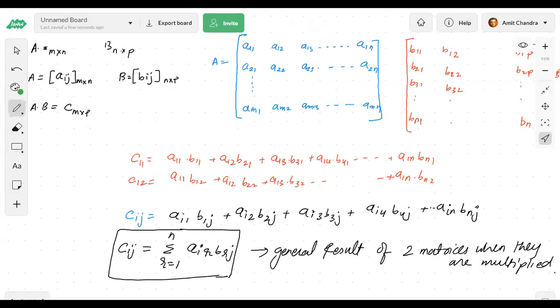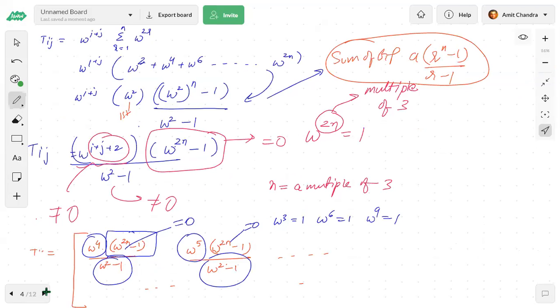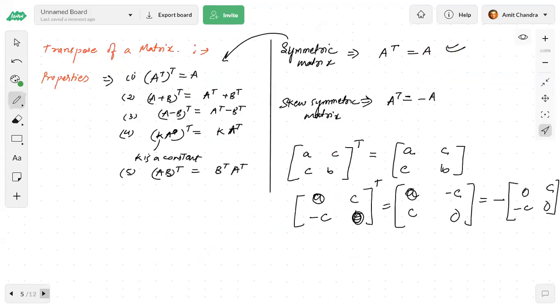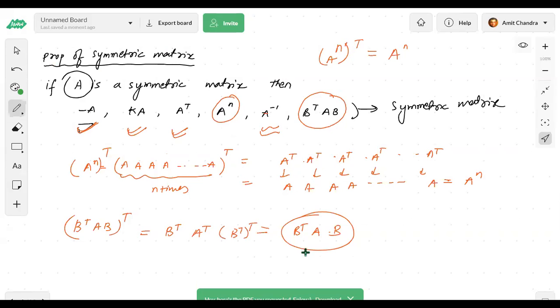Now, if you're not getting the PDF, you have my number. You can send me a message and ask me to give you the PDF. However, all the students are getting the PDF, so you should also get it. If you're not, then you can simply send me a message and I can send you the PDF. Okay. Just wait, I'm downloading it now.